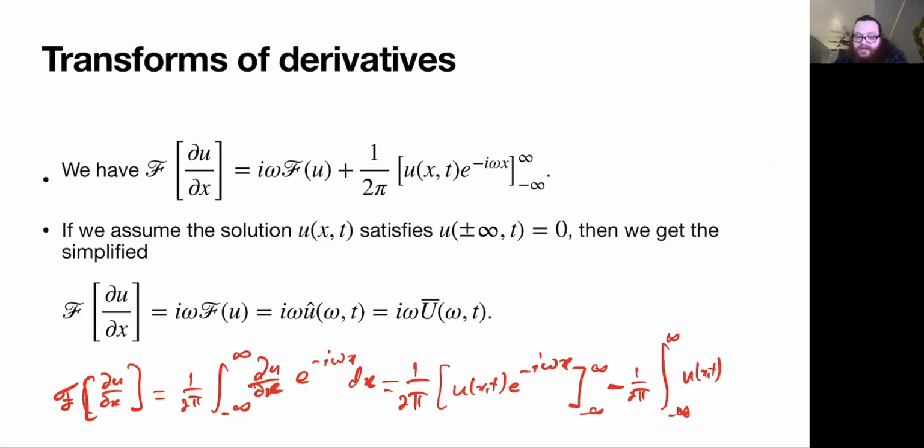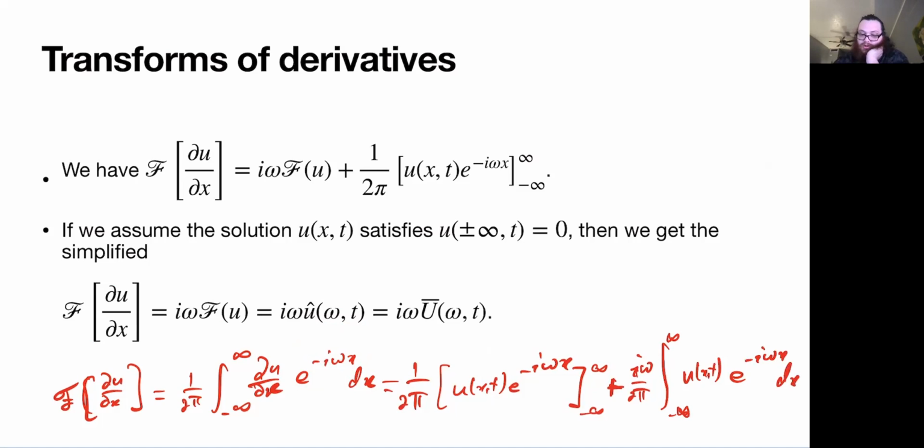Now we're taking the x derivative of the exponential, so a minus i omega comes down. So we end up with a plus i omega u of x comma t, and then this exponential e to the minus i omega x dx.